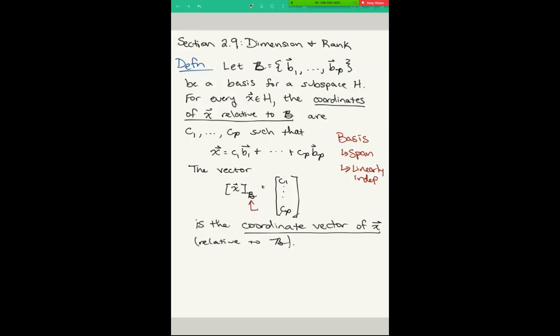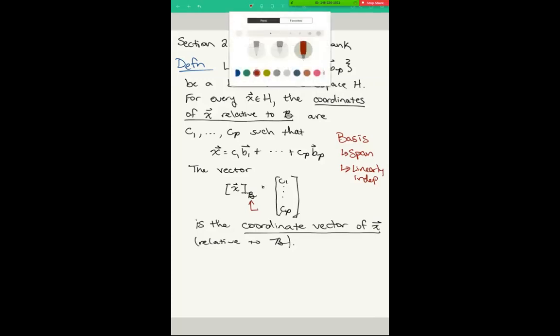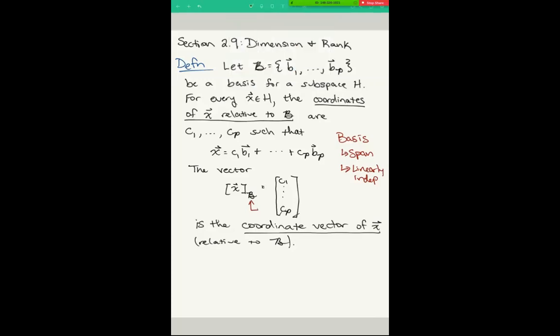We actually use coordinates like this all the time. So, for instance, if we think about our normal coordinate system, what we're actually saying is these are the coordinates for a vector with respect to our standard basis. So our standard basis vectors are those e1, e2, and so on that we've been looking at all the time. So let's say we have a vector that has coordinates 2, 3.